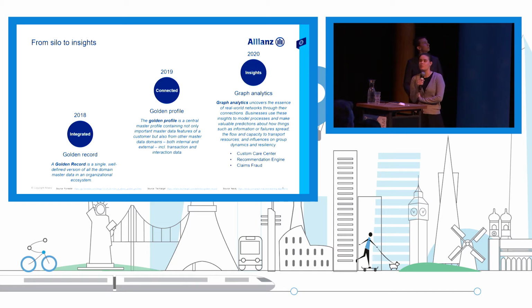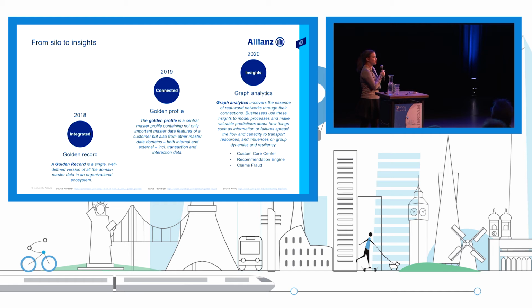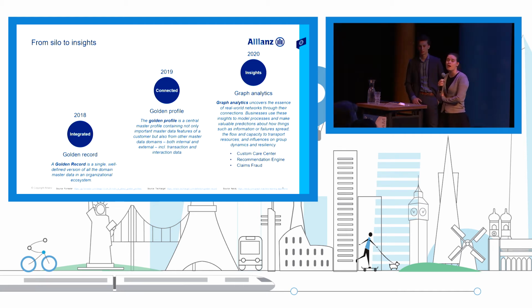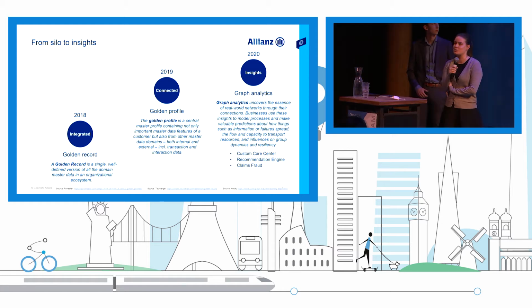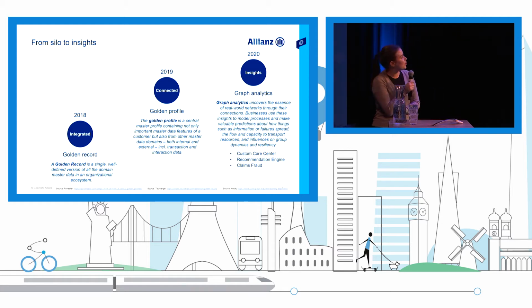Once this was done, we could load all the data in a golden profile and combine it across different domains: customer data, broker data, product data, and even some external data. Then, once we have the golden profile, we could load it in the graph and apply analytics on top of it. And this year, into 2020, we see several of our use cases on Neo4j having more and more customers, and those are the use cases we want to highlight to you.